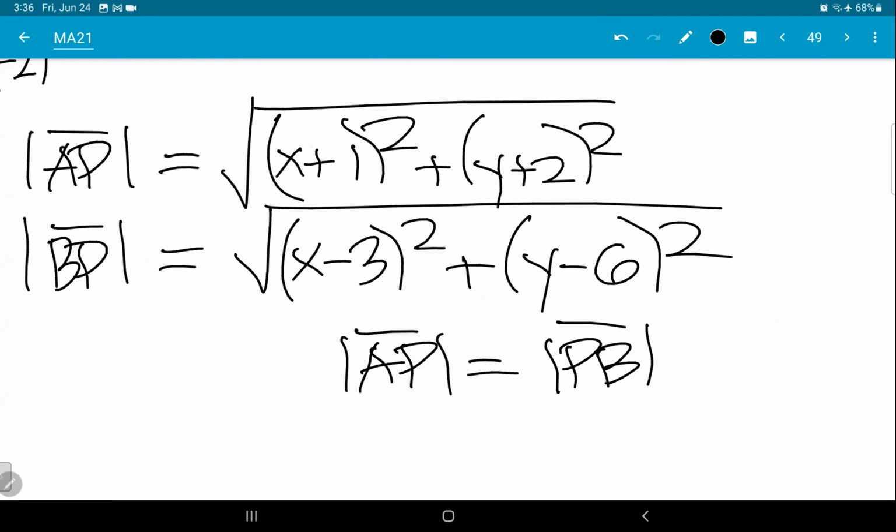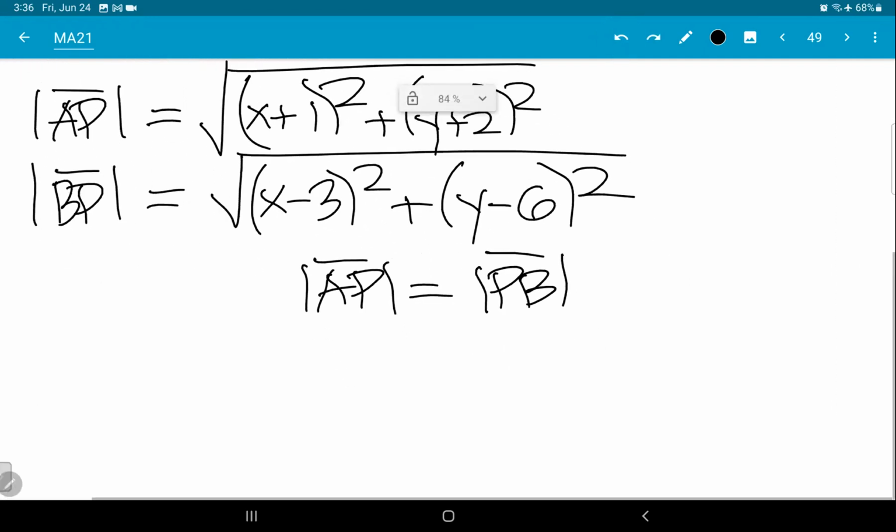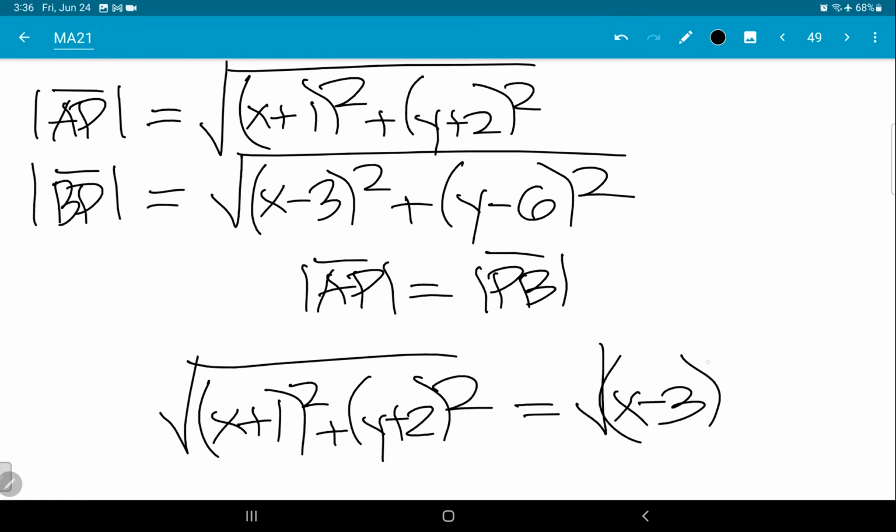Actually, we can just remove the radical right away, so we can equate the two directly. But here we have the square root of x plus 1 squared plus y plus 2 squared equals the square root of x minus 3 squared plus y minus 6 squared.